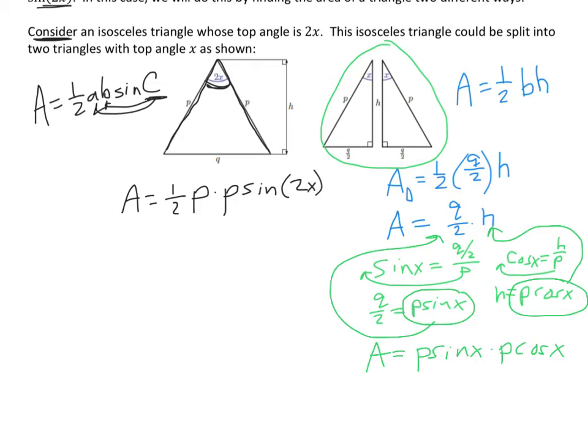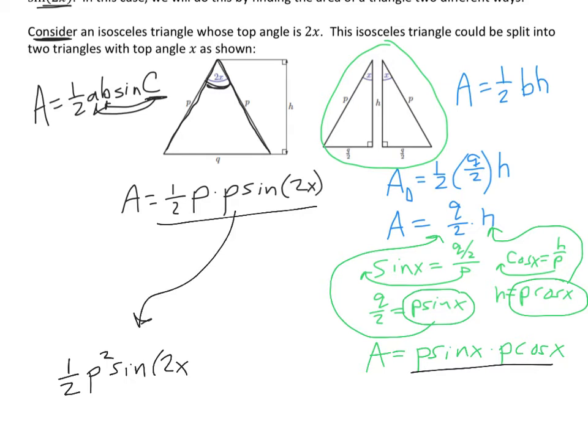And now we're almost done with this derivation. What I'm going to do next is I'm going to say, wait a minute, these things are both expressions for areas of the exact same thing. So that means that I could say that 1/2 p squared sine 2x, that's what I got from here, is equal to p squared sine x cosine x.